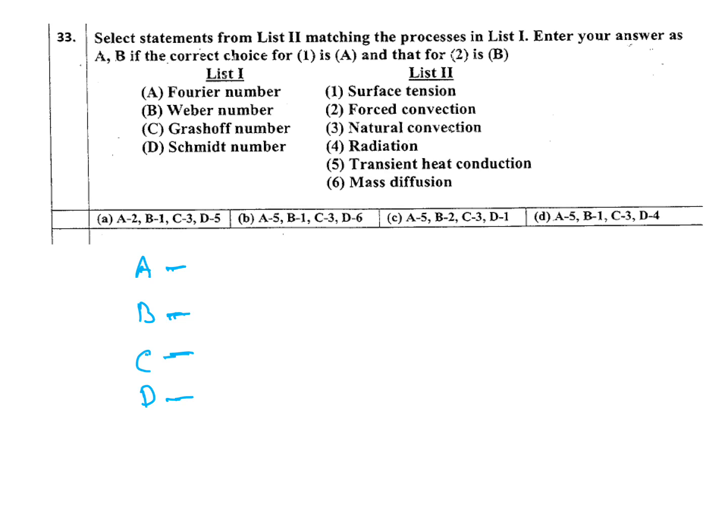Fourier number and Biot number, these two are important for transient heat conduction. Grashof number is for natural convection. Schmidt number is for mass diffusion. Weber number is for surface tension. So 5, 1, 3, 6. B is our answer.